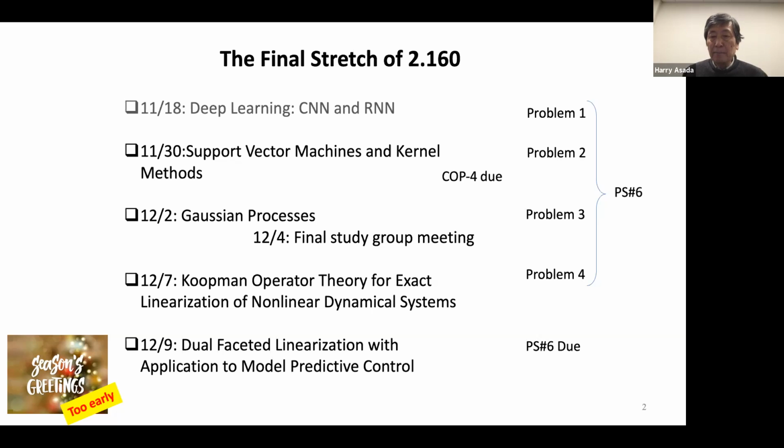You want to discuss the first 3 programs at this week's final study group meetings, and program 4 covers Koopman. For PS number 6, the due date is pushed to Wednesday, the final lecture. That's the schedule. And COP number 4 is due today.